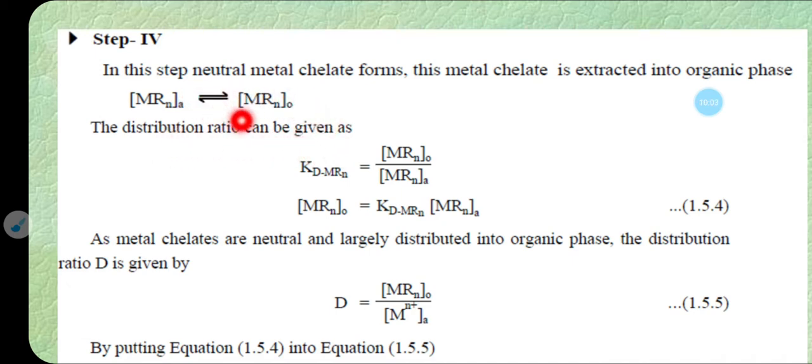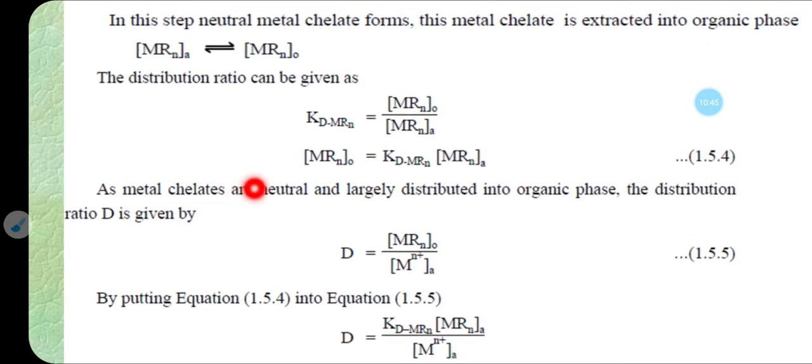Here we mention the distribution coefficient because no ionization takes place. So the distribution coefficient of the metal chelate, KdMR, is equal to the concentration of metal chelate in organic divided by the concentration of metal chelate in aqueous. Rearranging, the concentration of metal chelate in organic is equal to the distribution coefficient times the concentration of metal chelate in aqueous. Here small a stands for aqueous and small o stands for organic. This is the final equation for step four.